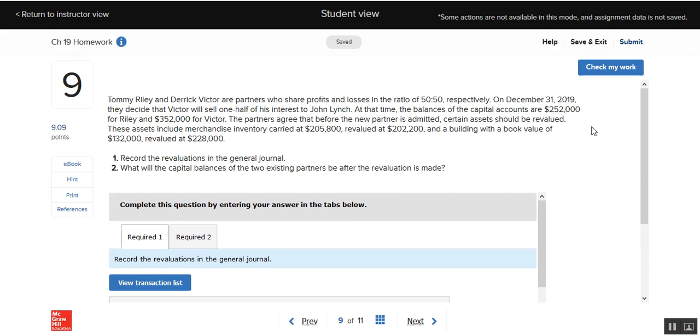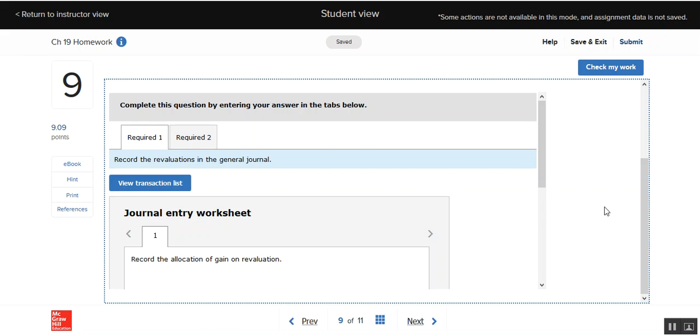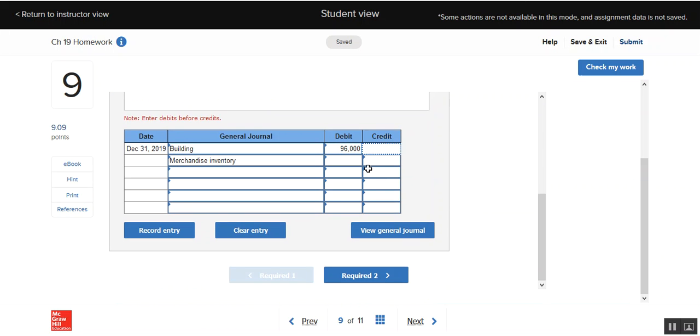And our inventory started out at $205,800 and it actually dropped to $202,200. So it decreased $3,600. So we're going to actually credit that because we're bringing down that balance. All right.